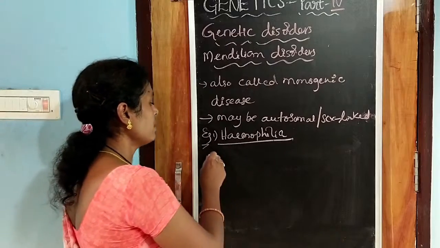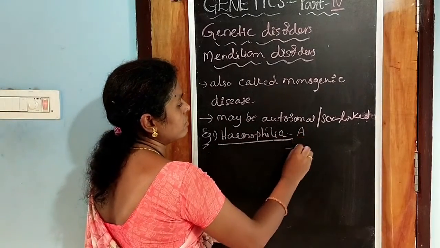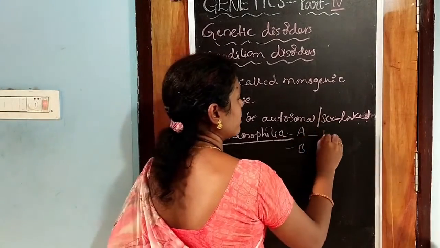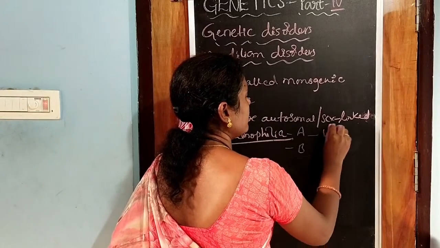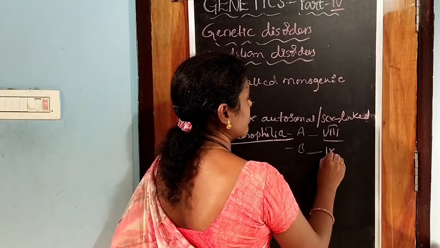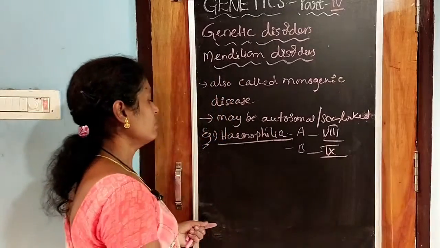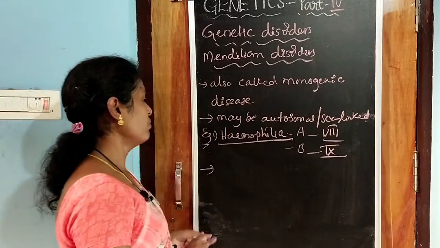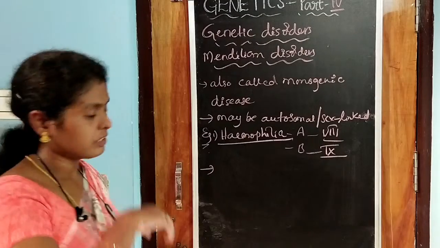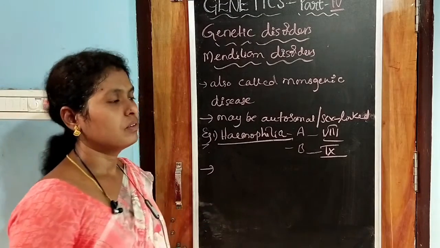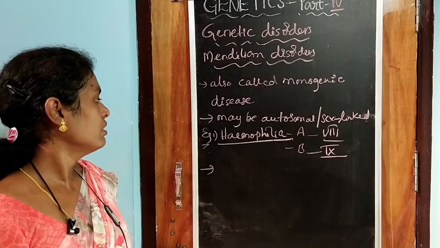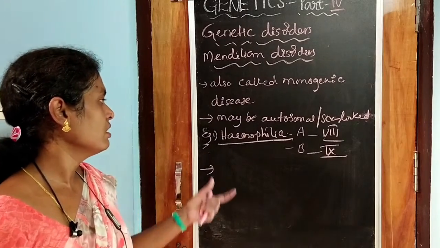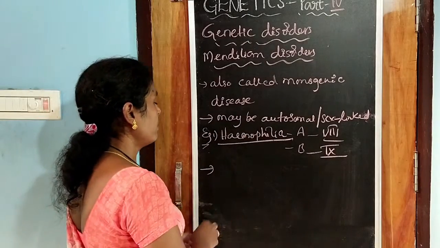Hemophilia A is due to the lack of functional clotting factor 8, and hemophilia B is due to the lack of functional clotting factor 9. When a person with hemophilia is injured, the bleeding is prolonged, as the clot is slow to form. That's why it is called bleeder's disease, and also the Royal's disease.